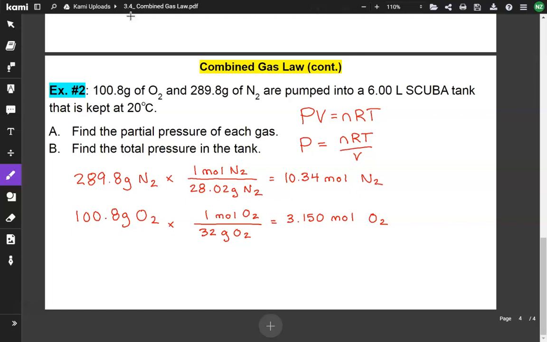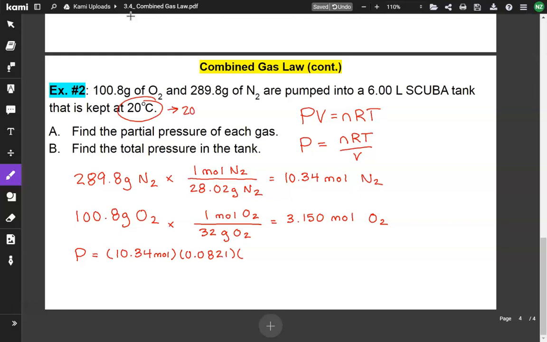So let's start with nitrogen. For nitrogen, it is going to be our moles, so 10.34, times R, 0.0821, and then our temperature was 20 degrees. Don't forget to convert that to Kelvin.